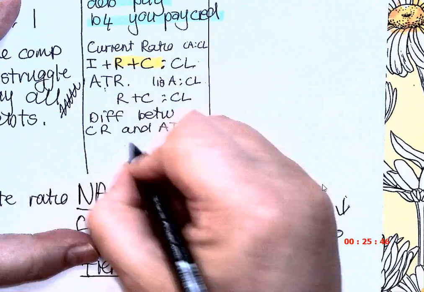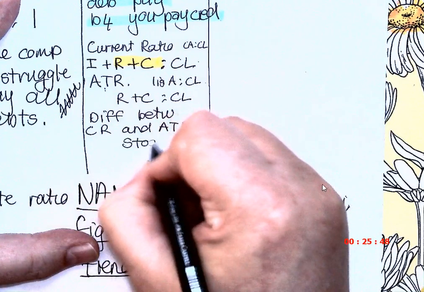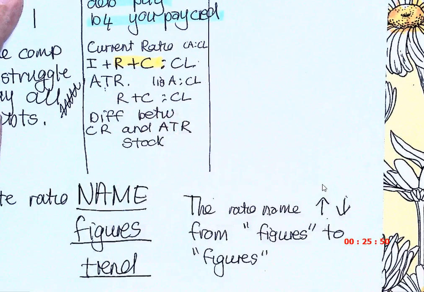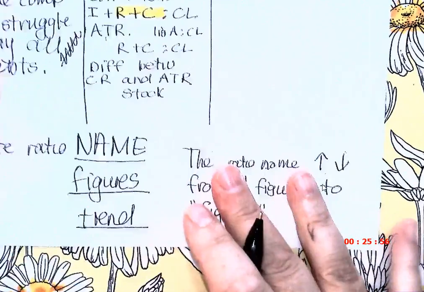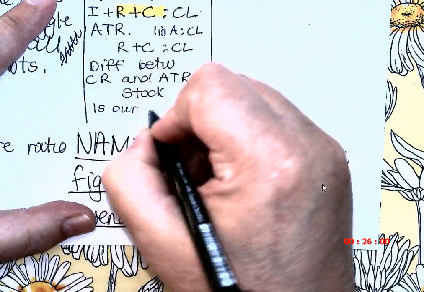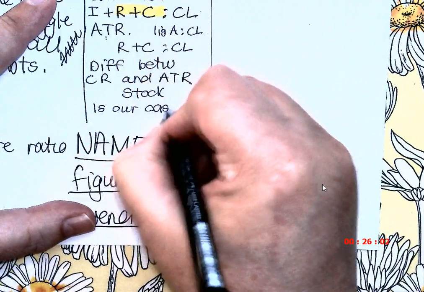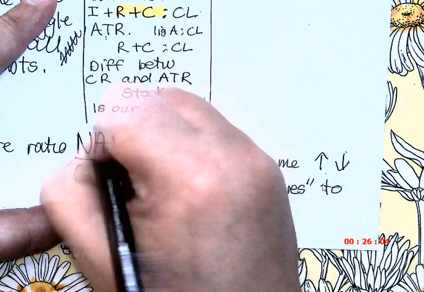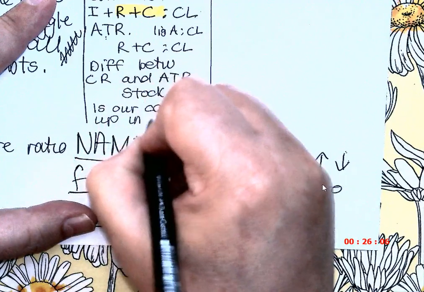It's your stock. By doing both ratios we want to see whether our cash is tied up in stock.